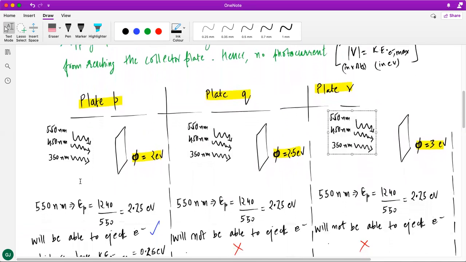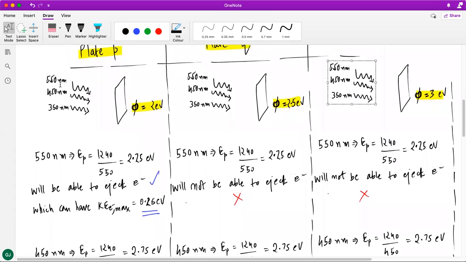Now, noticing the energy of photons in these radiations, we understand that the 550 nanometer radiation has a photon of energy 2.25 eV, which is greater than the work function of plate P, and hence the electrons can be ejected. They can have a maximum kinetic energy of 0.25 eV, which will be 2.25 minus 2 eV.